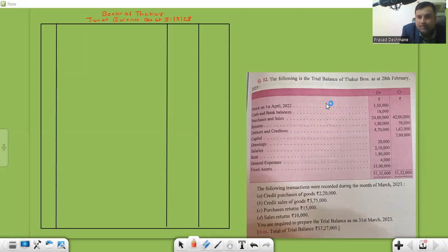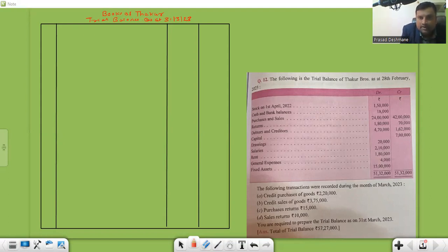Correct. Then after that we have the C part, purchase return. Just check if some purchase return is given. It's not given. So whenever there's a purchase return, first of all, our creditors balance will reduce. So put one more tick mark on creditors and we'll create a new purchase return. Next one, sales return.